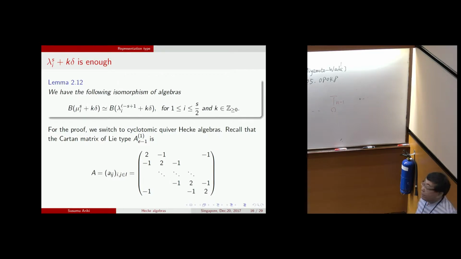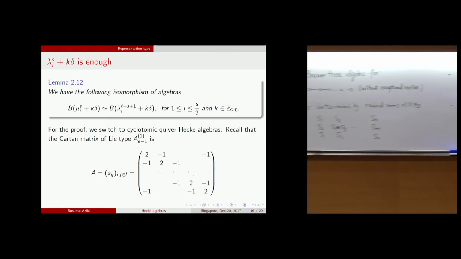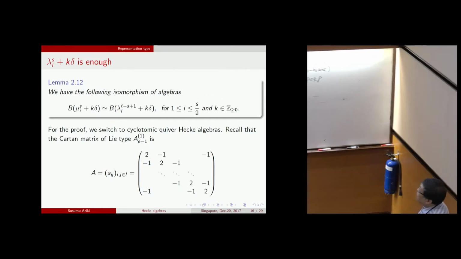But in type A_{e-1}, we have an arbitrary parameter in the definition of Q_{ij}(u,v). So I usually denote it by lambda. And so to prove this isomorphism, we use this larger class of algebras.